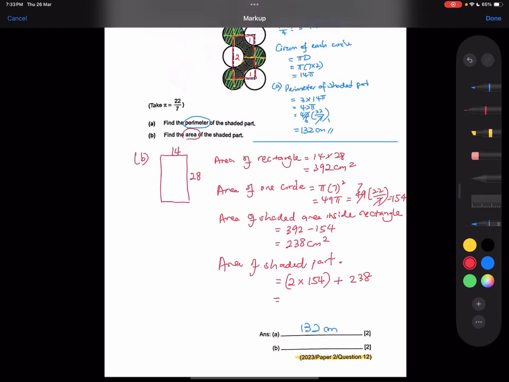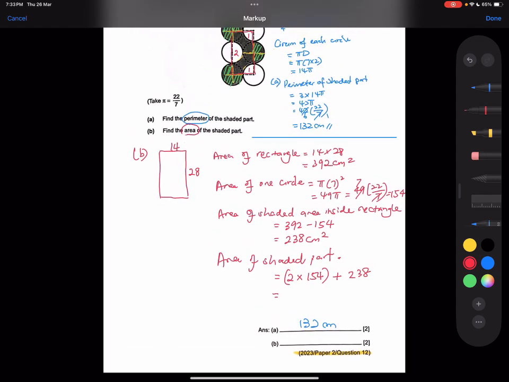This will give us 308 plus 238. This will work out to 546 cm squared. Alright, this is our final answer.